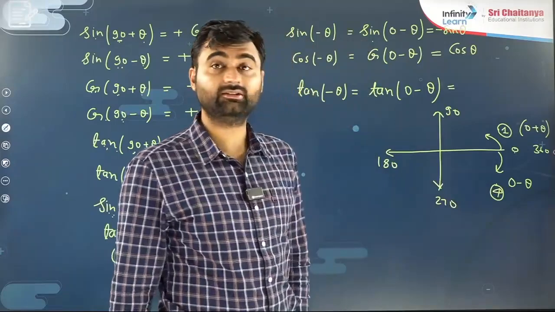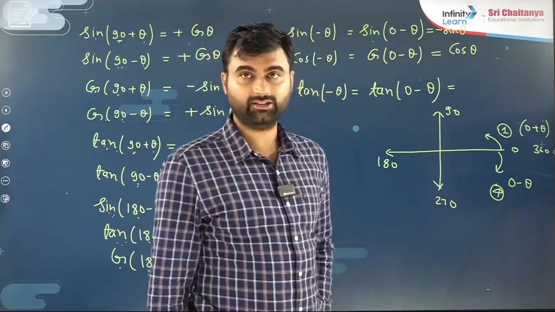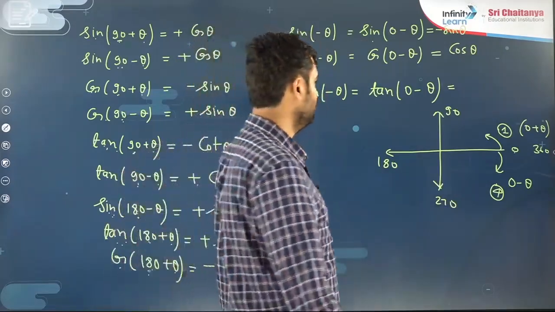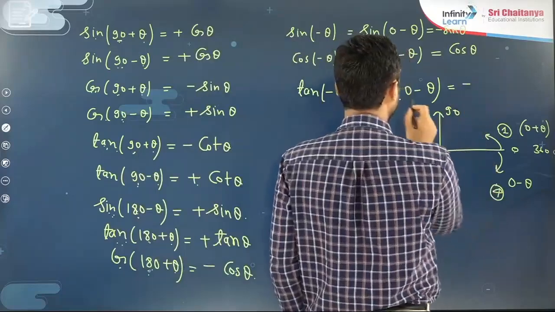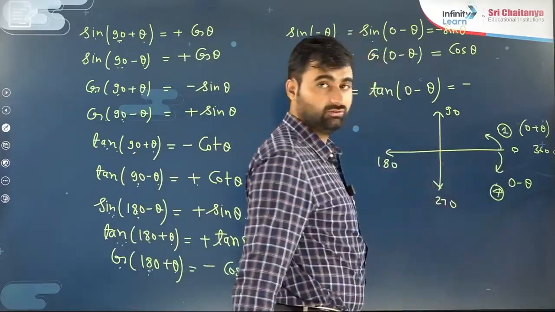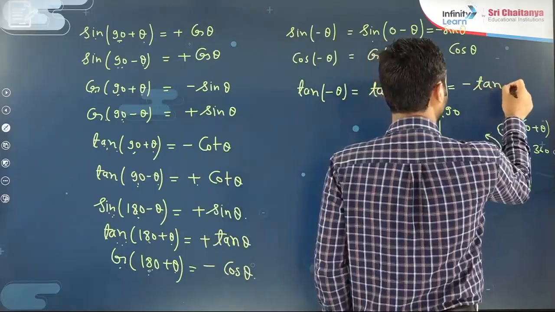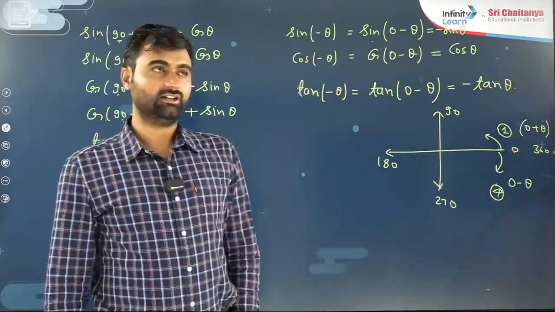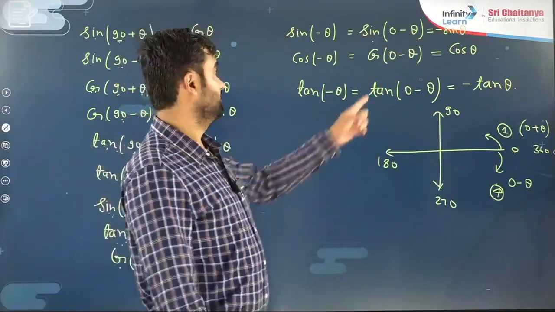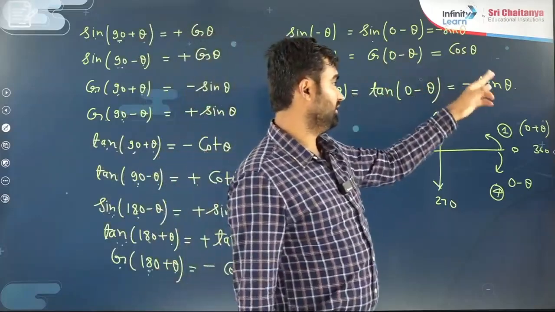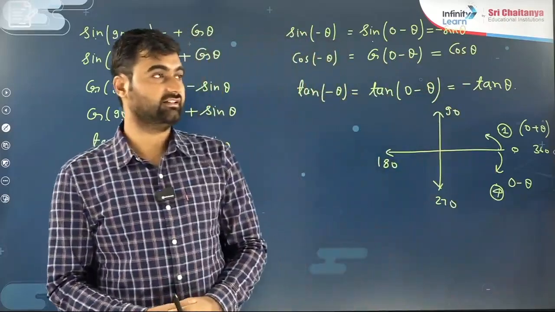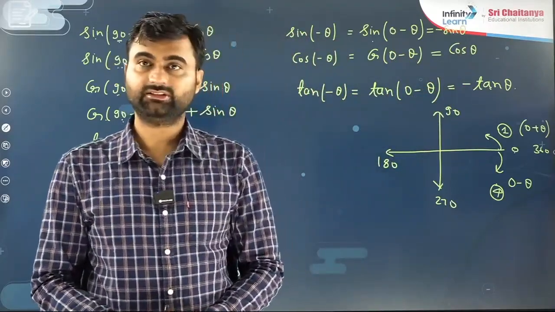Fourth quadrant means tan theta negative because cos and sec positive. So here also minus, and 0 means horizontal line, function does not change. So it is minus tan theta. Clear? So final answer is minus sine theta, cos theta, and minus tan theta. This is correct. Is it clear?